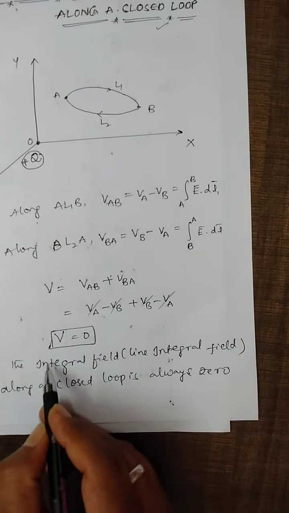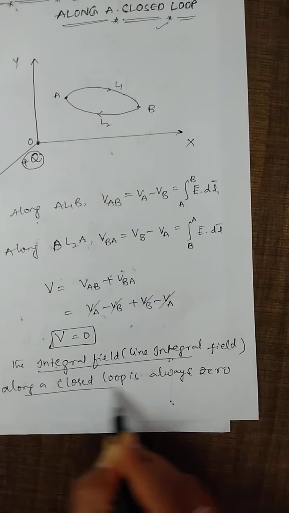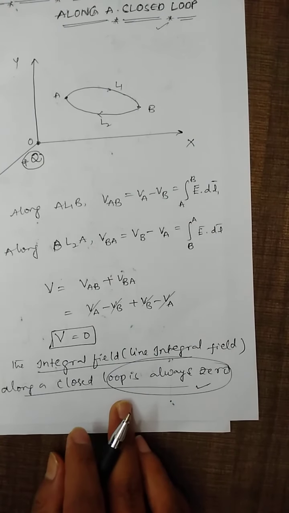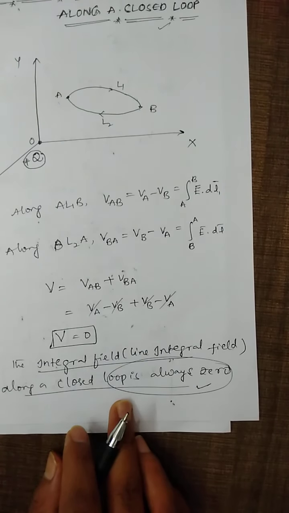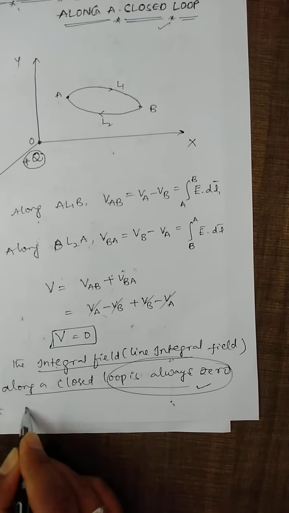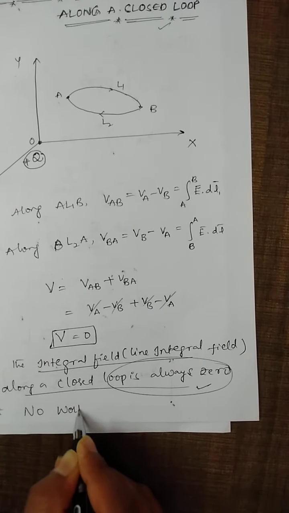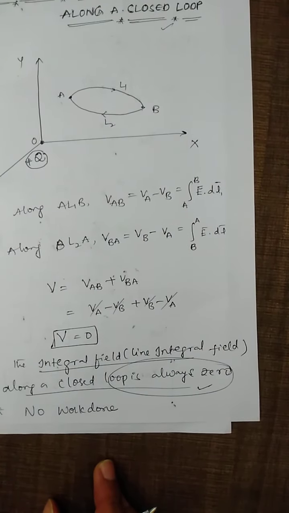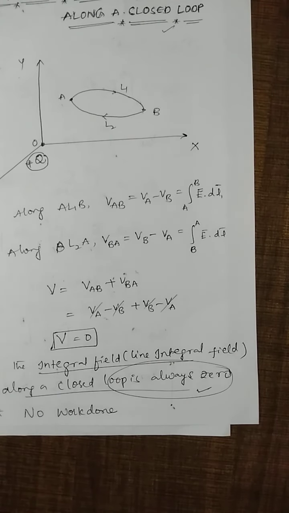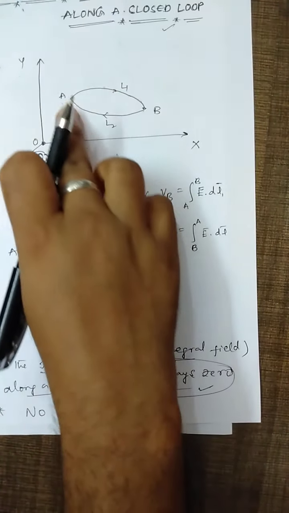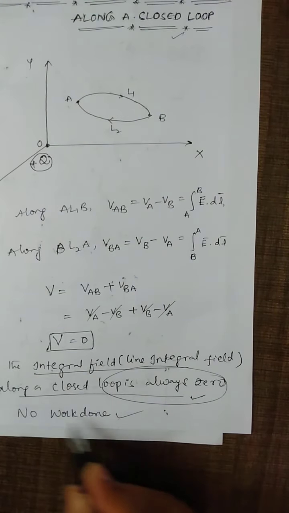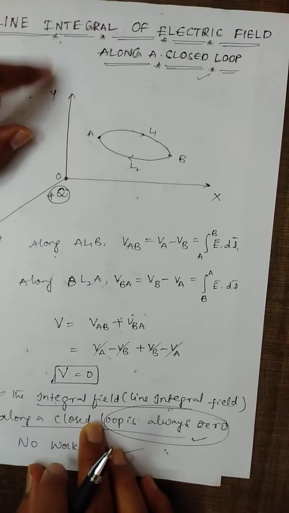You have to write this, a very important point. And that means no work is done in taking a unit test charge along a closed loop. There is no work done in taking a positive test charge around a closed loop. If I bring it from here to here, I can come back to A only, so that is why there is no work done. These two points are important from this topic.